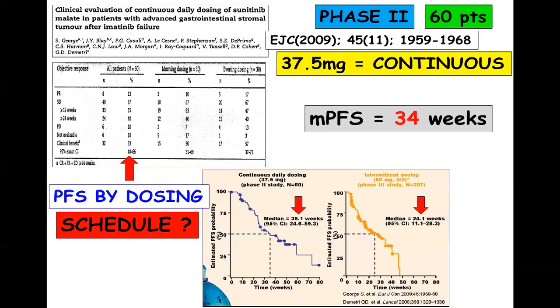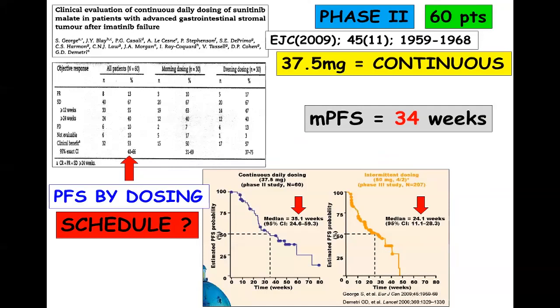The lower part of the slide shows the difference between continuous daily dosing, median PFS 35.1 weeks, and intermittent dosing, 50 milligrams, 4 weeks on, 2 weeks off, 24.1 weeks, but with no formal comparison between the two schedules.